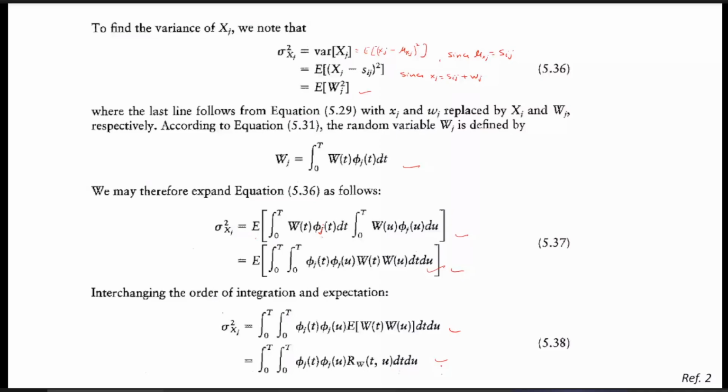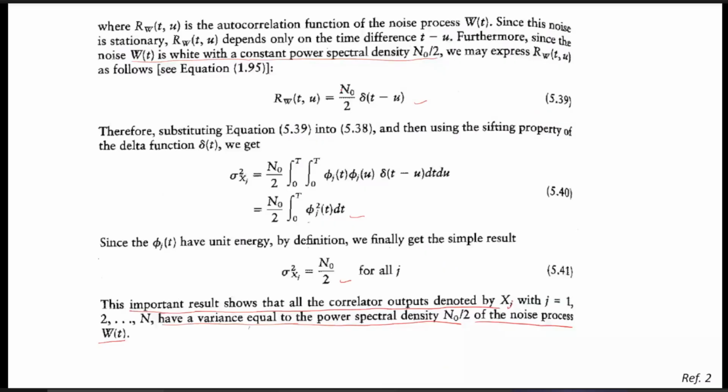We can write sigma x square as N0 by 2 times the double integral from 0 to T of phi j t phi j u delta t minus u, and the area under the delta curve is unity. So the integral from 0 to T becomes phi j square t dt.